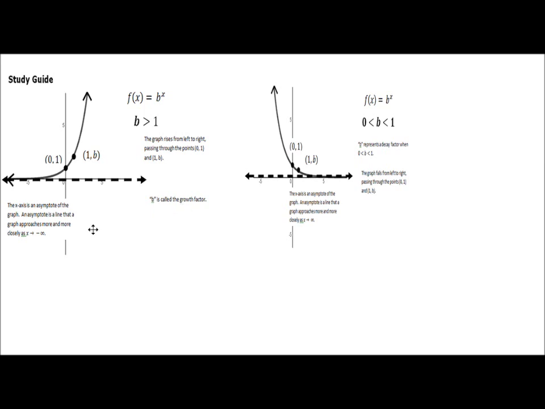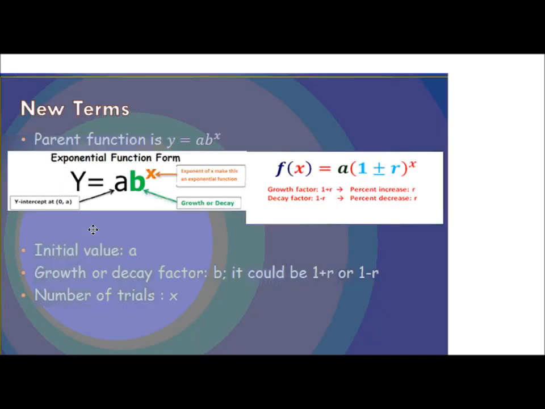So let's go to the next slide. This is how an actual exponential standard form is defined. You have y equals a times b to the x, and you have everything defined here. The y-intercept is at 0, a. So a gives the intercept, and b gives the growth or decay. x is the exponent.